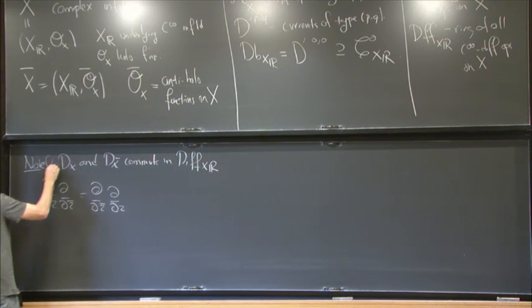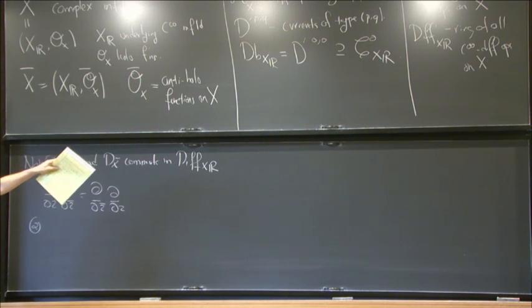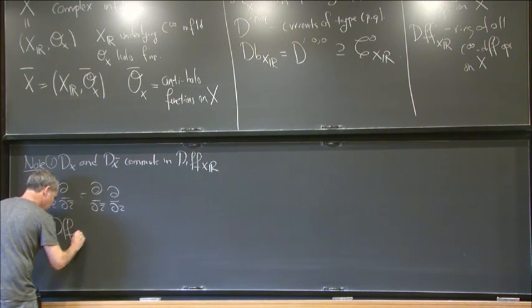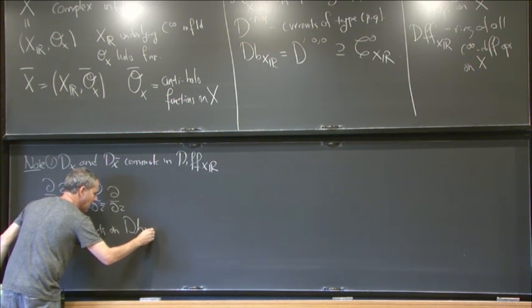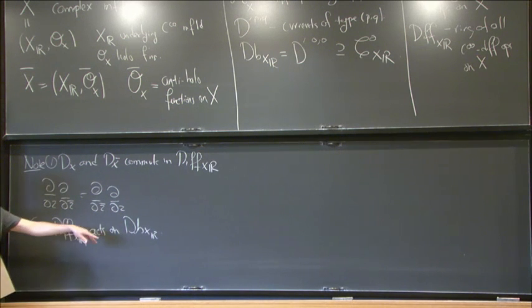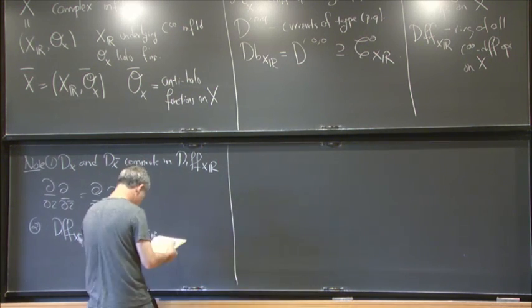The second thing to note is that Diff_{X_R} acts on C infinity functions, but it also acts on distributions. So D_X and D_X bar both act on distributions, and the way they act commutes.